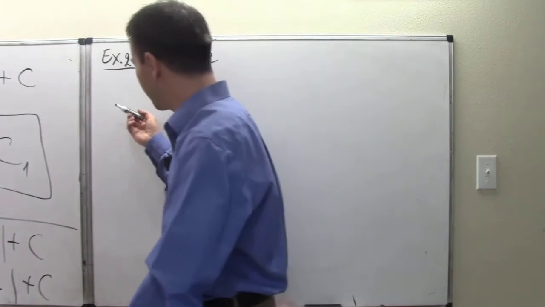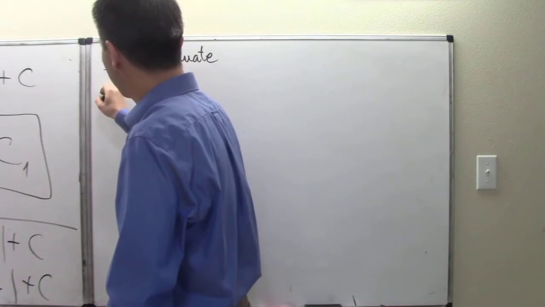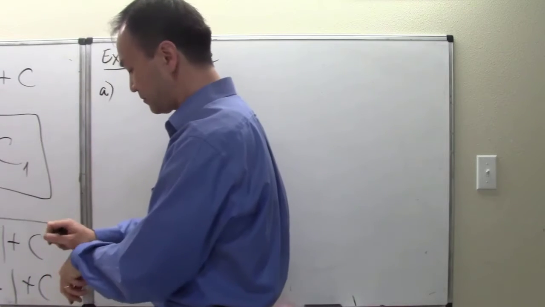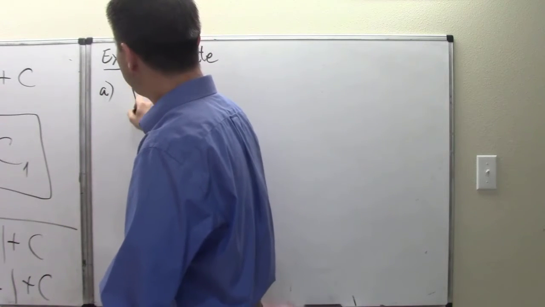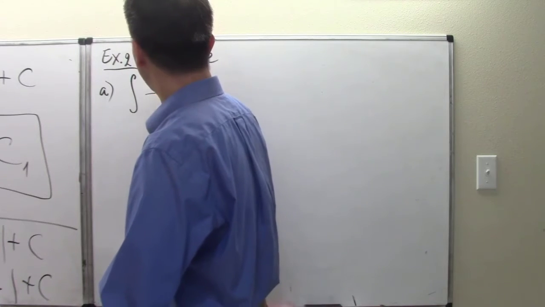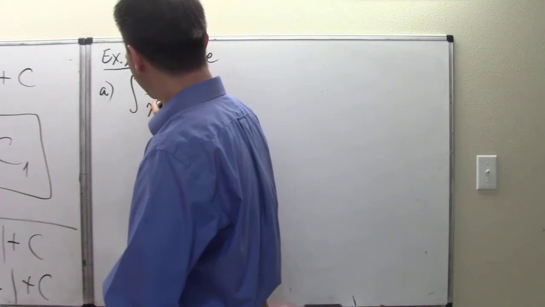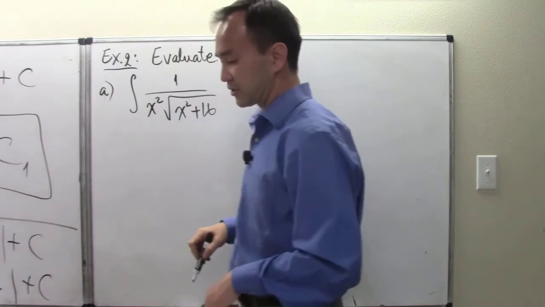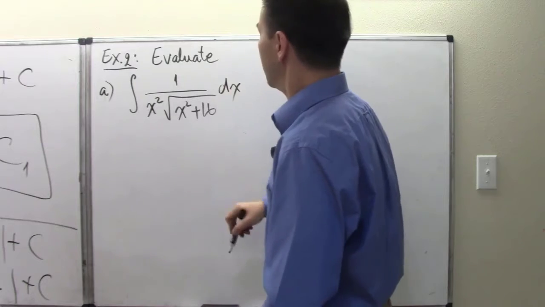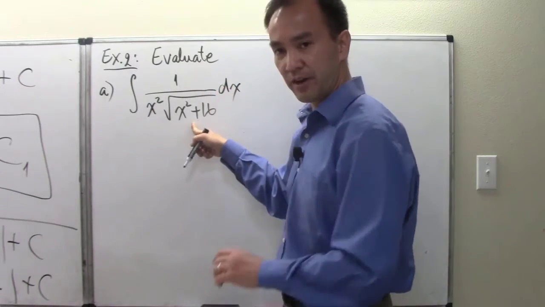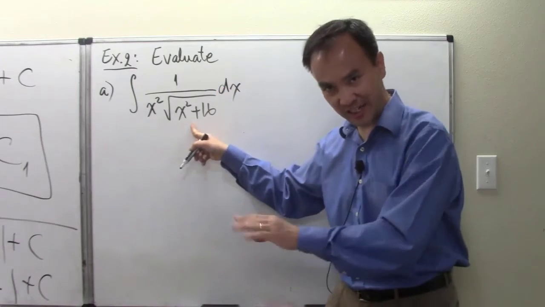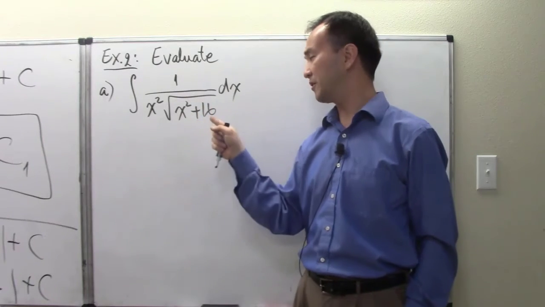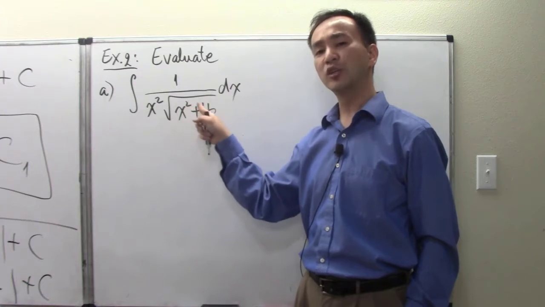So here we go. Here's the first problem, part A in the example here. So let's look at what it is. How about an integral of 1 over x squared times the square root of x squared plus 16, with the dx. Just like that, I recognize we have a square root form just like that generality I pointed out, that inside of the square root we have the form of a constant term plus a square expression.